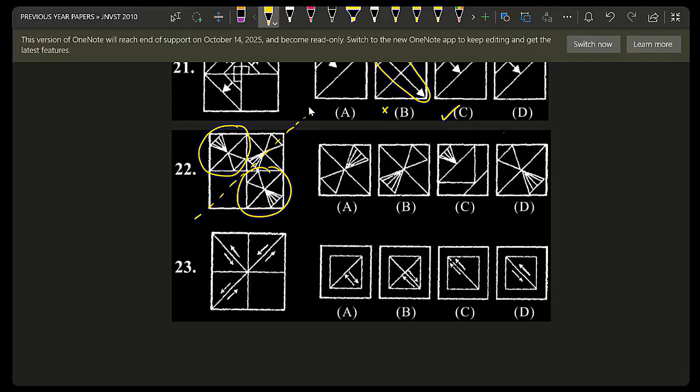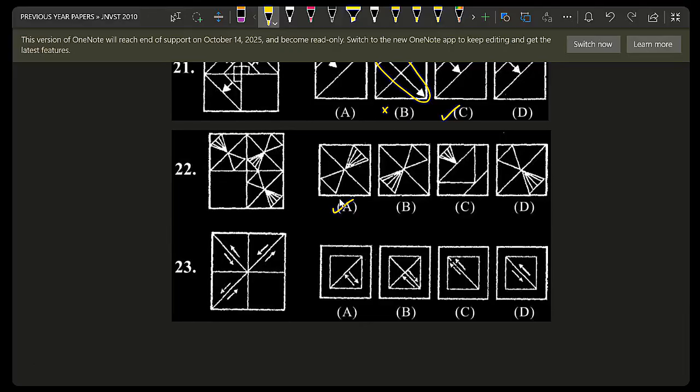Similarly, the other part also we can take as the mirror image of the northeast part. Just place a mirror here and find the mirror reflection of this mirror image. What will you get? Option A, right? Option A is the correct answer.